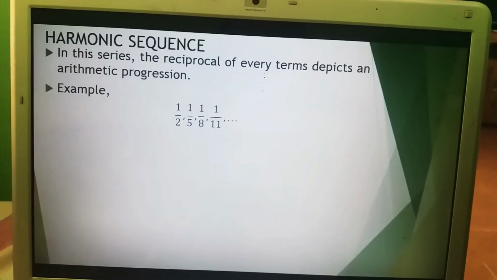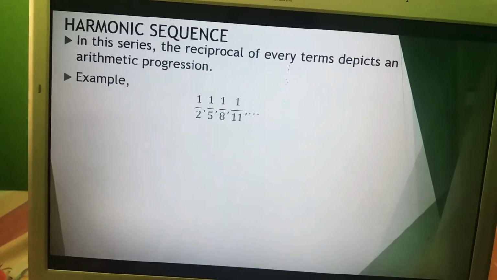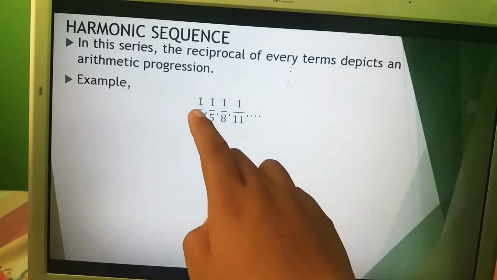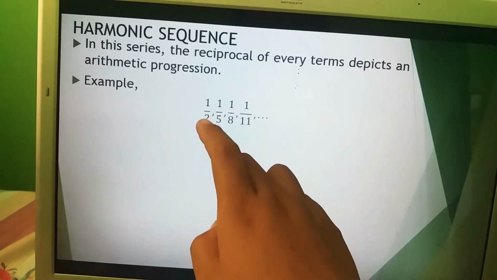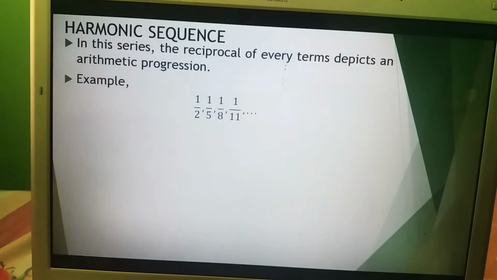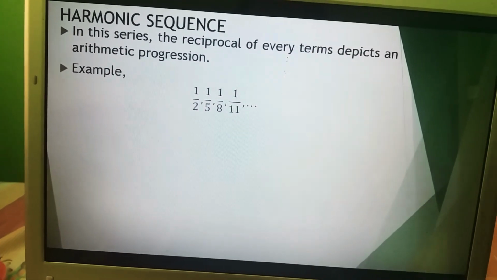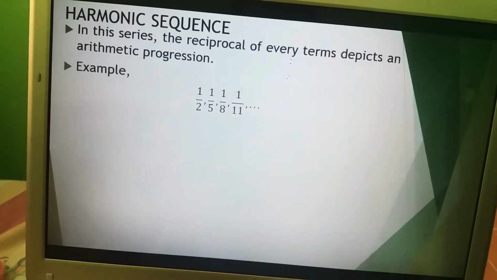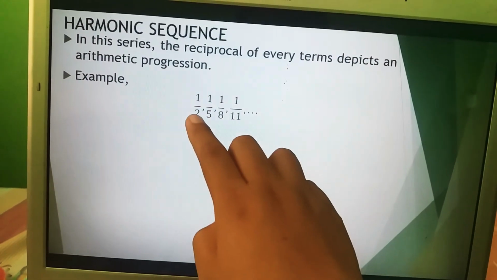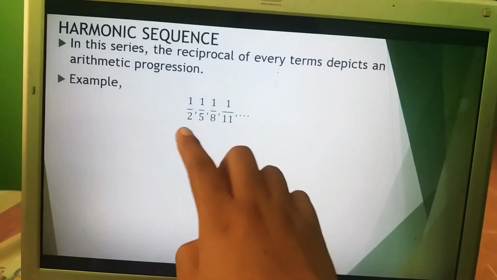Anong gagawin natin if we are going to get the reciprocal? Babaliktarin natin. And if a number is already, for example, this one, 2 over 1, that is already equal to 2. Tama? Kasi 2 divided by 1 is equal to 2. So, the reciprocal, ang ibig sabihin, kukunin mo lang yung nasa baba, magiging whole number.